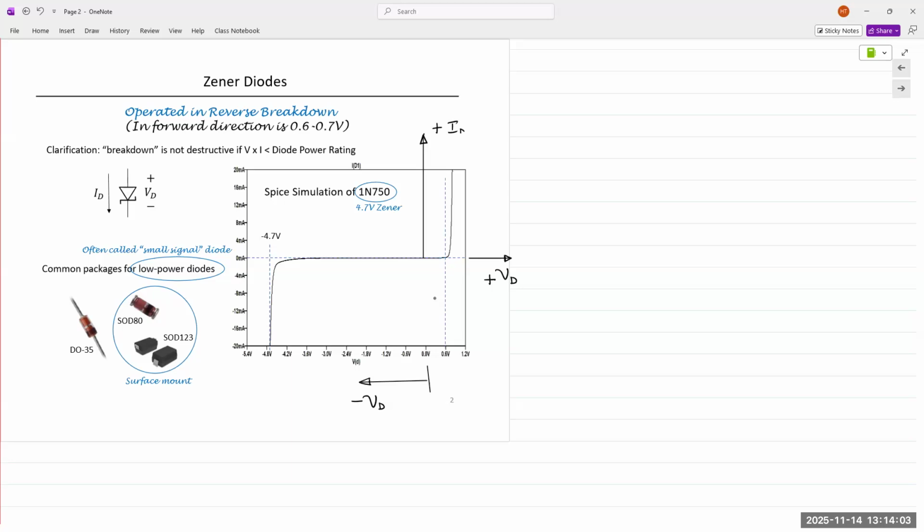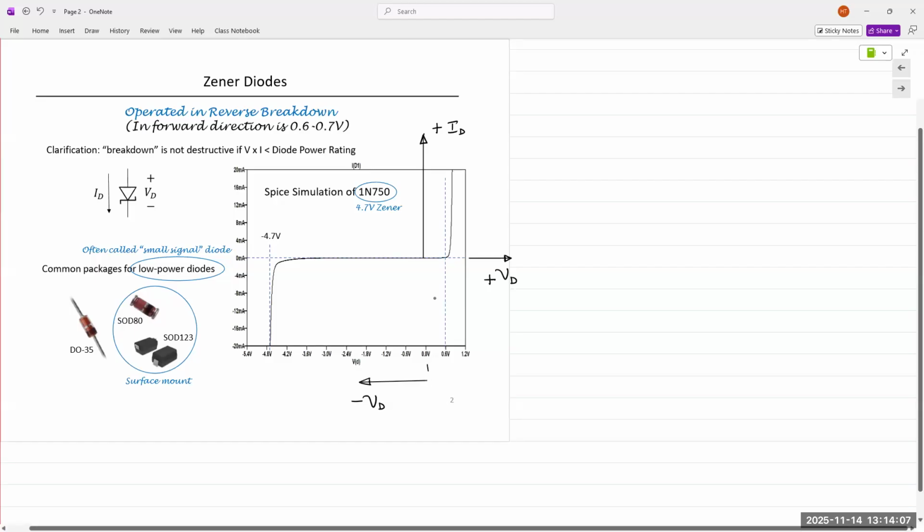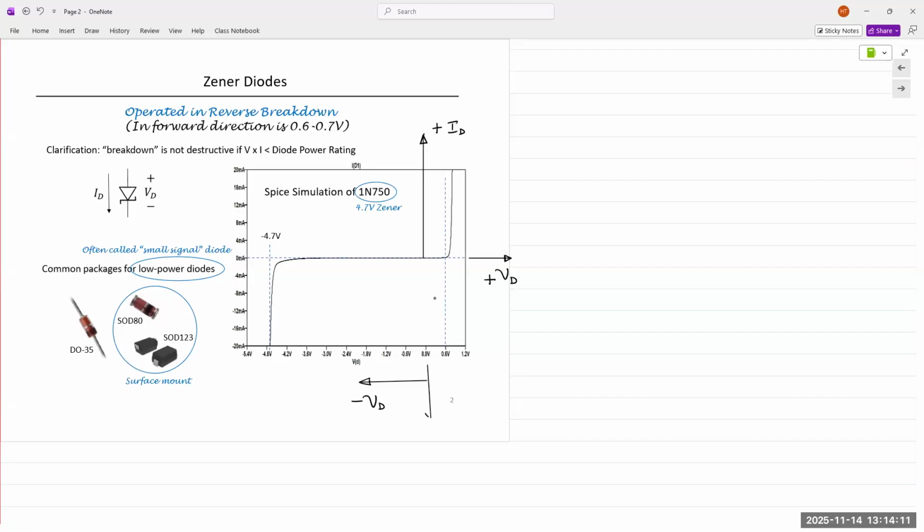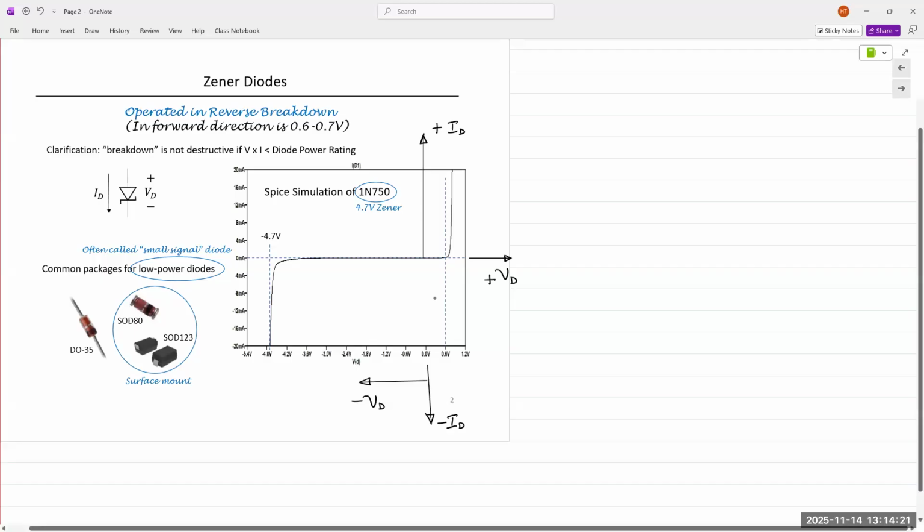This is the diode current. And I would say this is negative. And again, for both negative voltage and negative current, all it means is that it's flowing in the opposite direction, right?